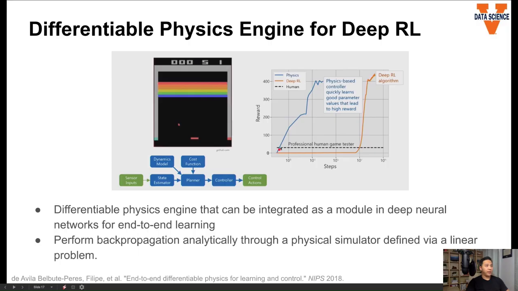So this way, the learning rate for this network improves a lot faster, doesn't take much time at all, and it has comparable performance to deep reinforcement learning. Now for the details of the papers, you certainly can go to the reference here if you want to find out more. I know we go into a very high level, but you certainly can find out more if you're interested in these kinds of things.